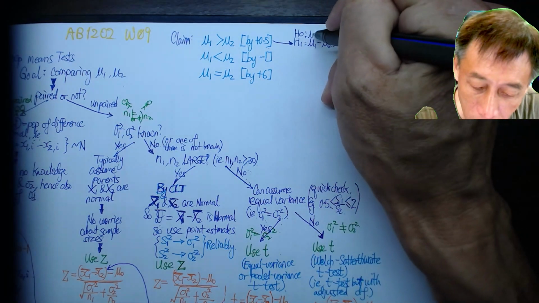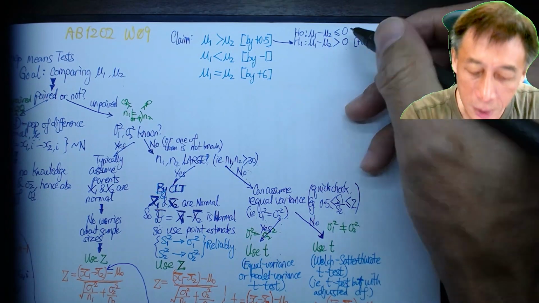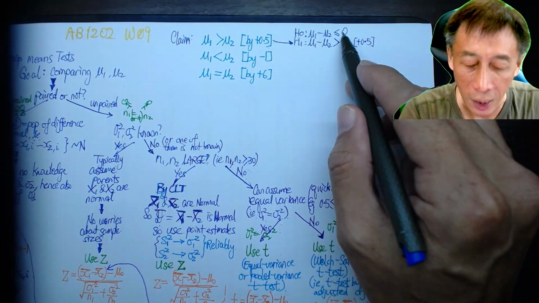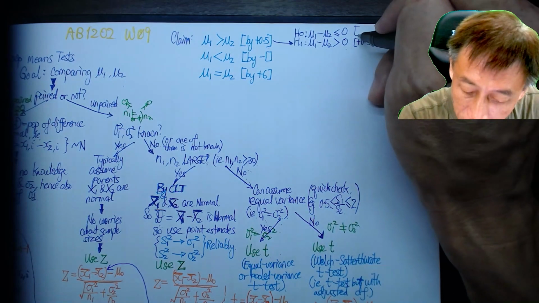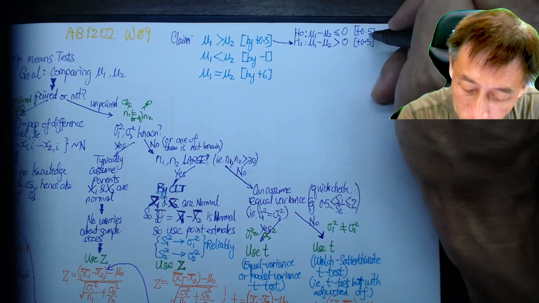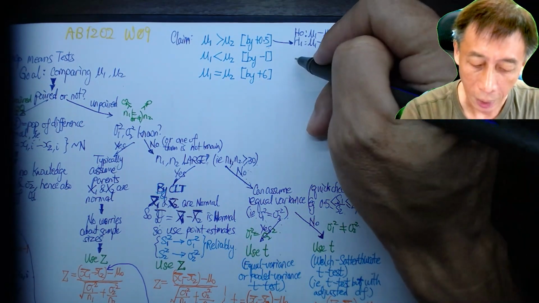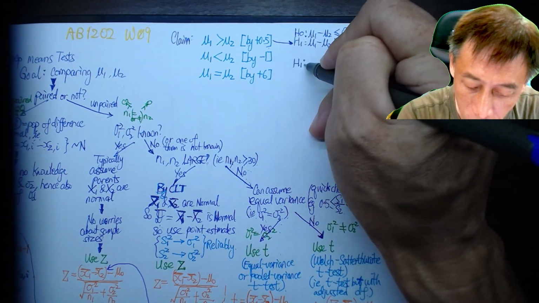Then we have mu1 minus mu2 the other way around, and it will be pretty consistent, because the claim is greater and the complement is less than or equal to. And same thing, if it is 0.5, then instead of 0, you put 0.5. And what about this? Not much of a surprise.